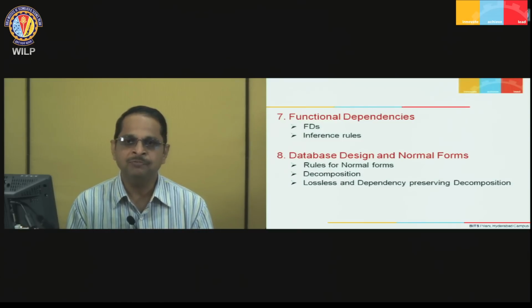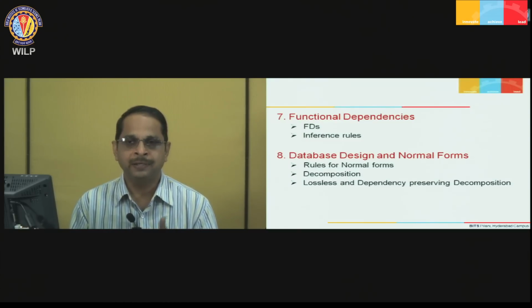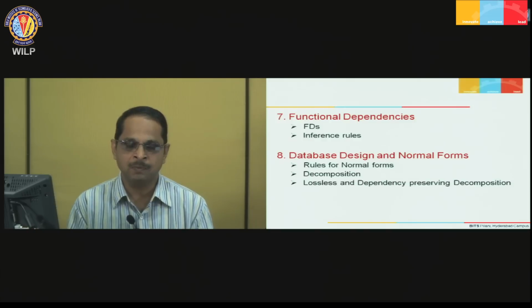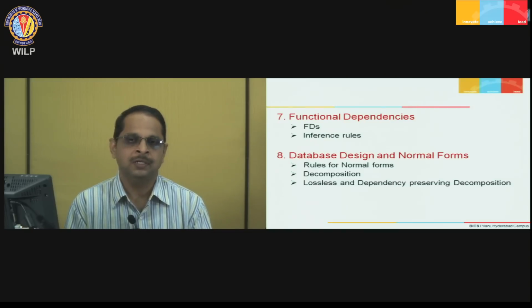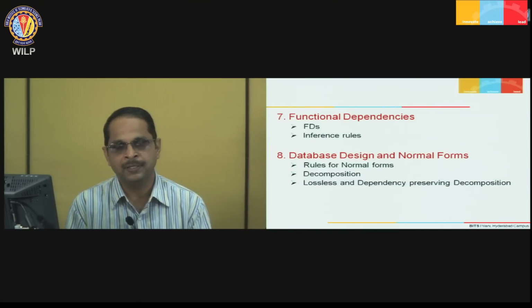And at the time of decomposition, we will take the database to the next normal form, but at the same time we need to be careful about certain properties, that is lossless join property and dependency preserving decomposition property. These two are very important. Any decomposition must satisfy these properties.